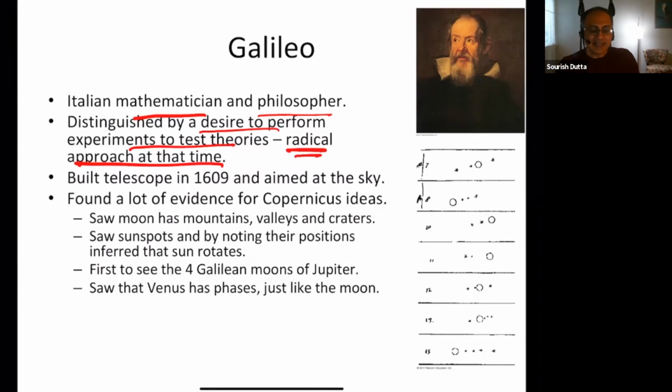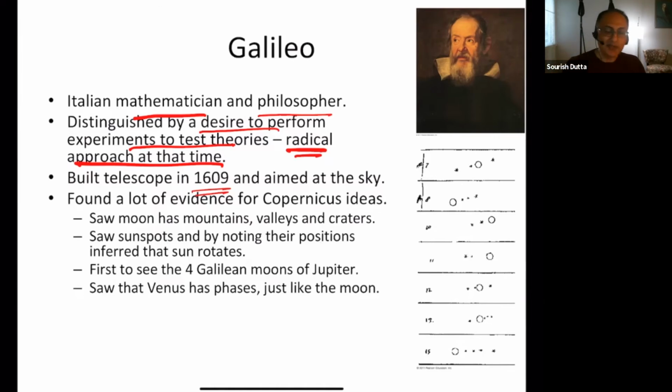So in 1609, Galileo built a telescope. So he did not quite come up with the idea of a telescope. Some people had come up with ways of building devices which would allow you to see further, like binoculars and stuff like that.